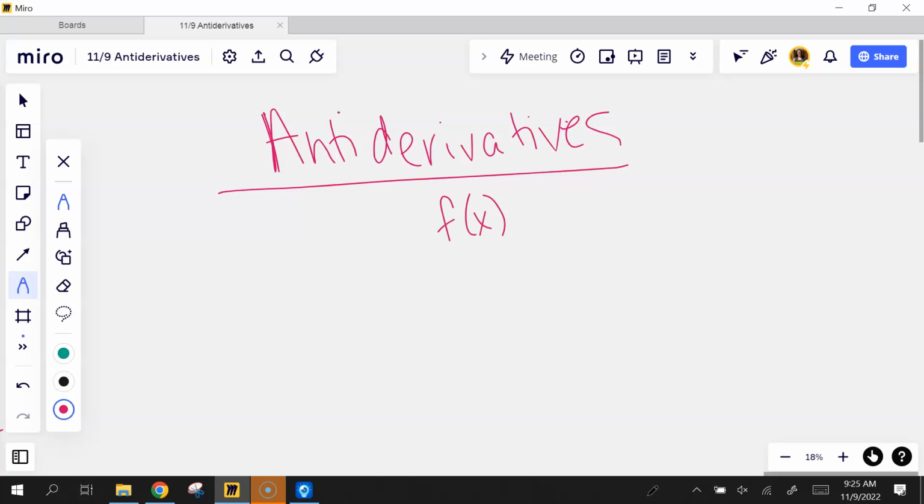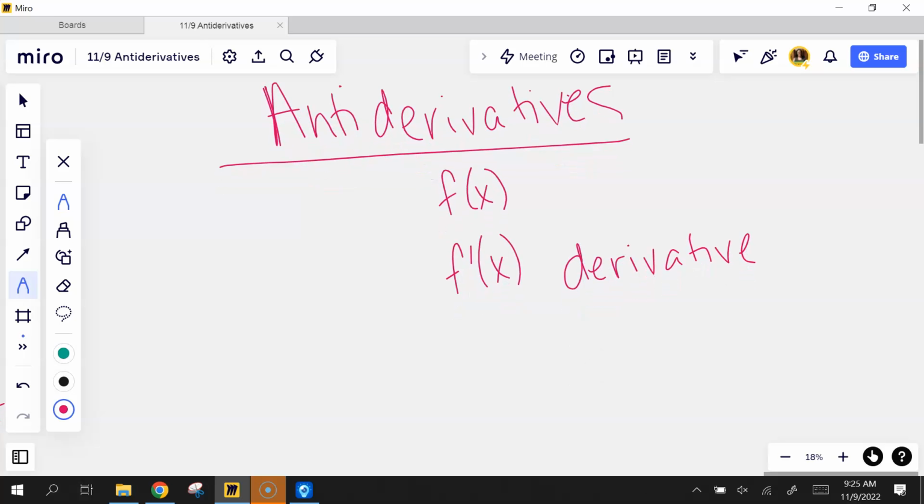If this is my function, this is my derivative, right? That's how we denote derivative. Antiderivatives are denoted by a capital F. And they are literally one step backwards from the derivative.